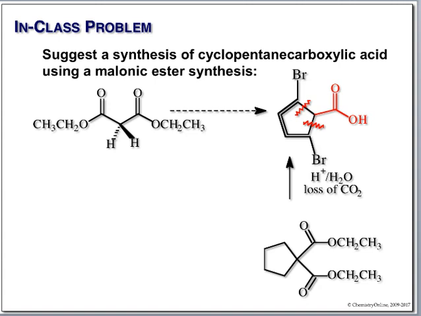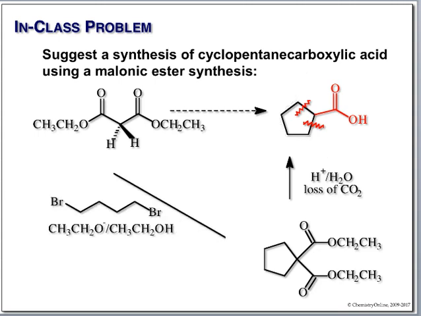CH2, CH2, CH2, CH2, and bromines on the end. One, two, three, four. So 1,4-dibromobutane. Simply react it with diethylmalonate. We attack once, we attack a second time, make our cyclic compound, hydrolyze the esters, decarboxylate, and by George, we've got it.